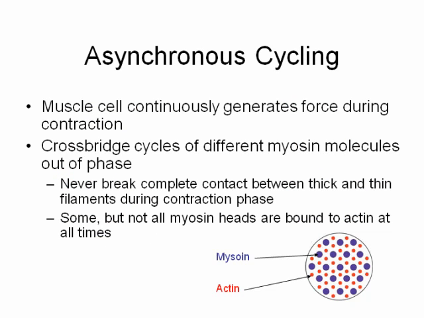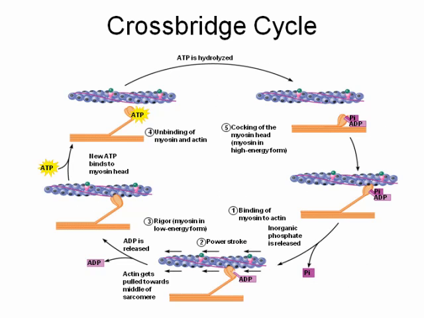I've talked about this coupling or binding or cycling of the myosin heads. It happens asynchronously. We can't have all of the different individual myosin heads bound at the same time onto the actin.